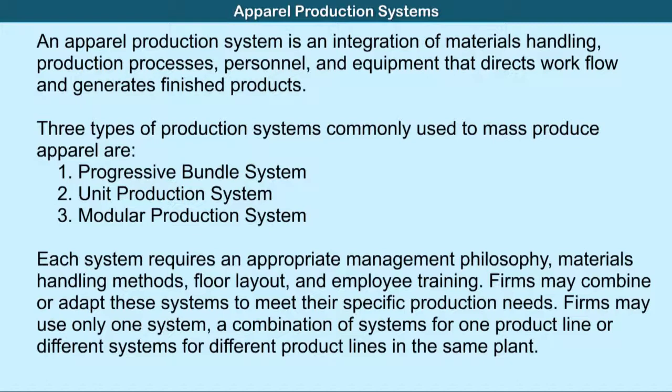Three types of production systems commonly used to mass produce apparel are progressive bundle, unit production and modular production.